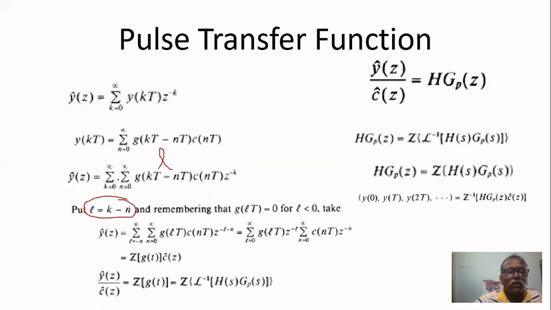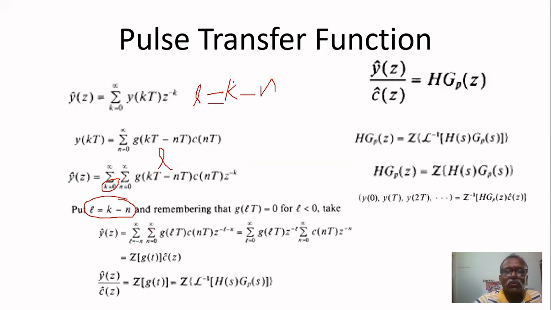That's all. Now this k has to be changed because of this. So what is the expression? L equal to k minus n. Here earlier, what is the value here for k?